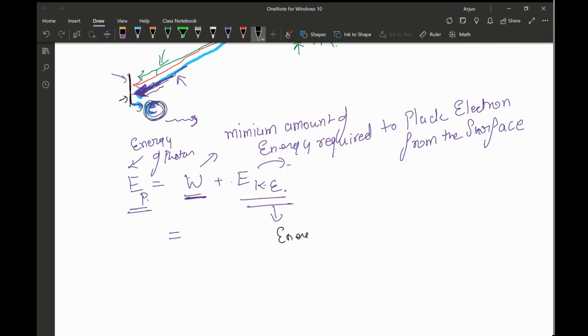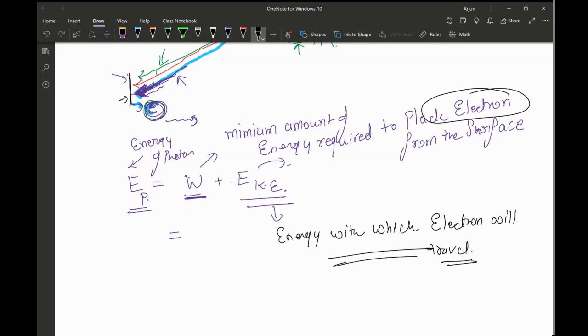Energy with which the electron will travel. So which electron? The plucked electron.